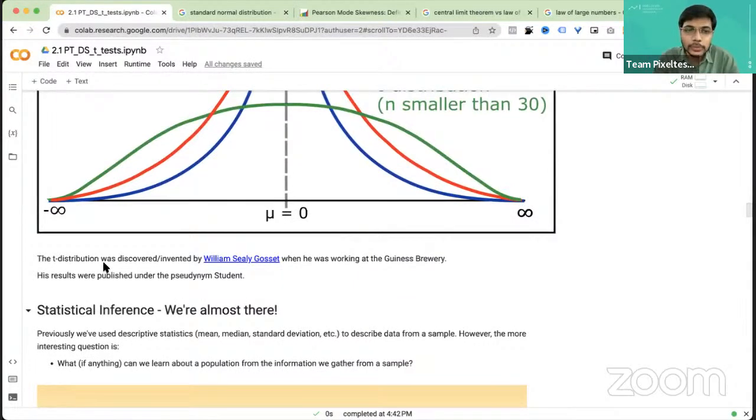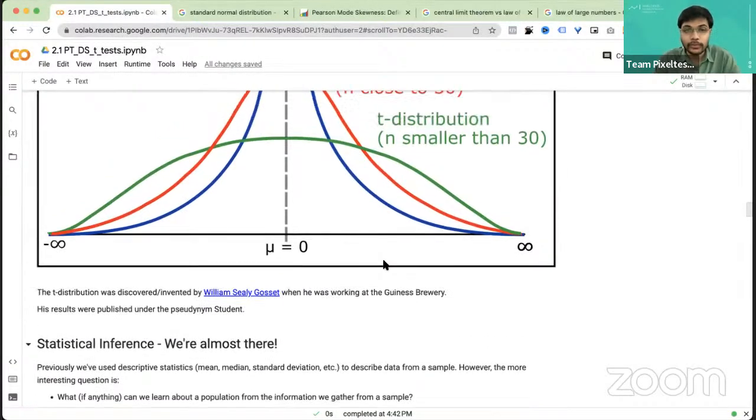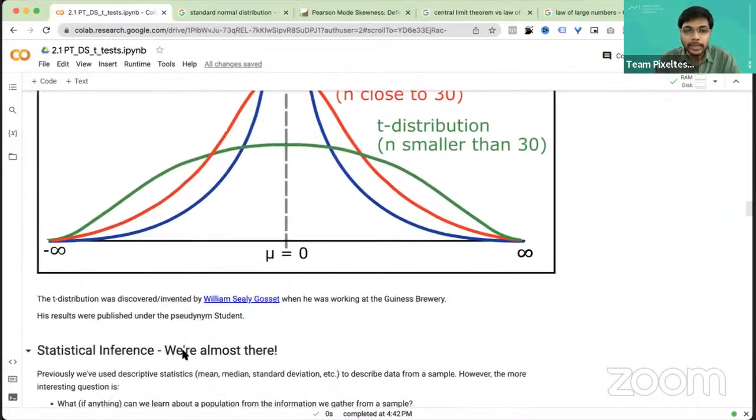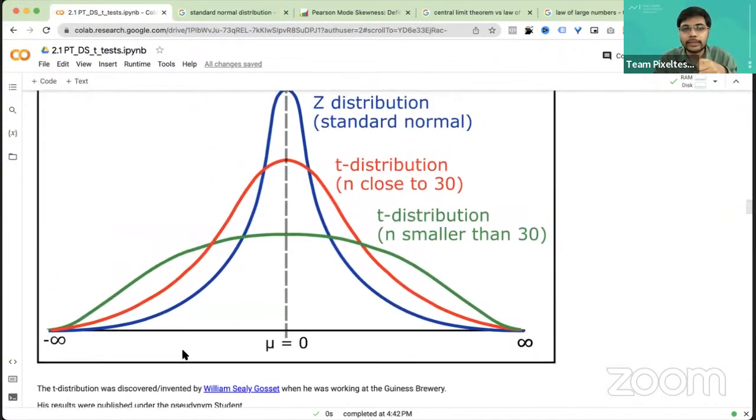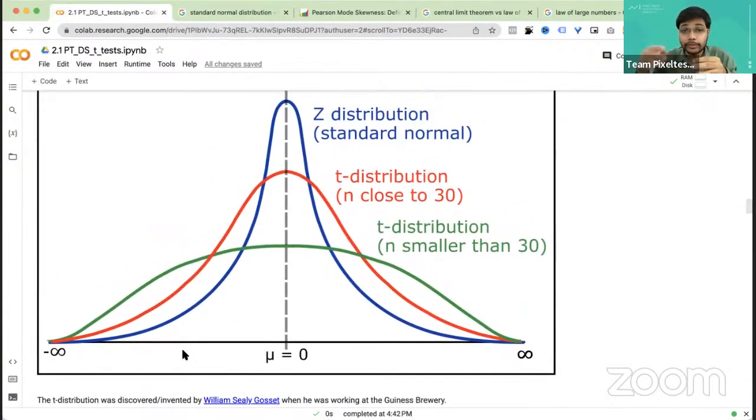Now, this T distribution was discovered by William Gosset when he was working at a brewery, right? Maybe even Jay sir can explain. Because he was in a brewery, he was trying to see that the taste of any particular wine or beer is fading as time progresses.